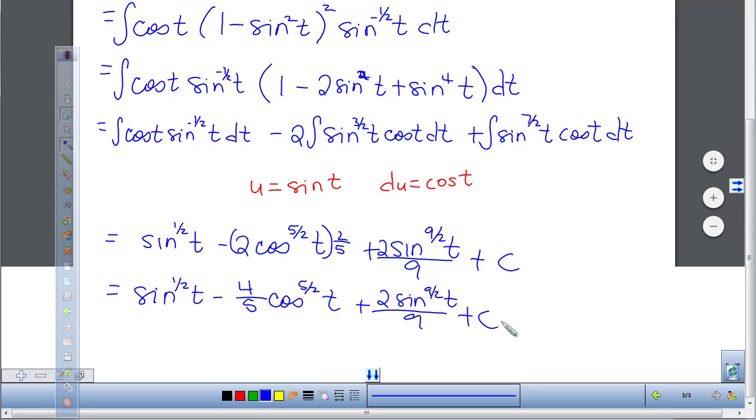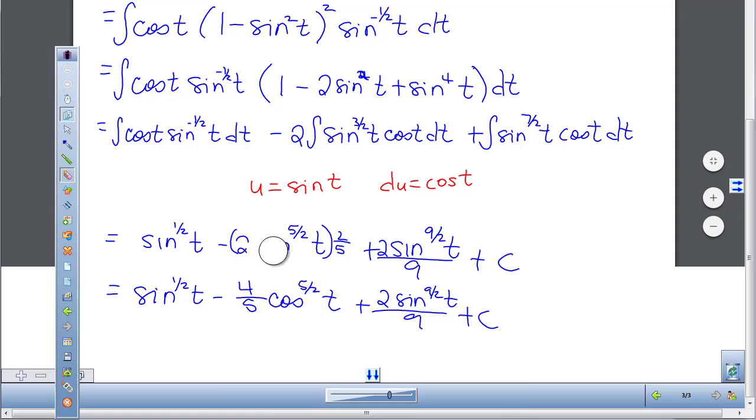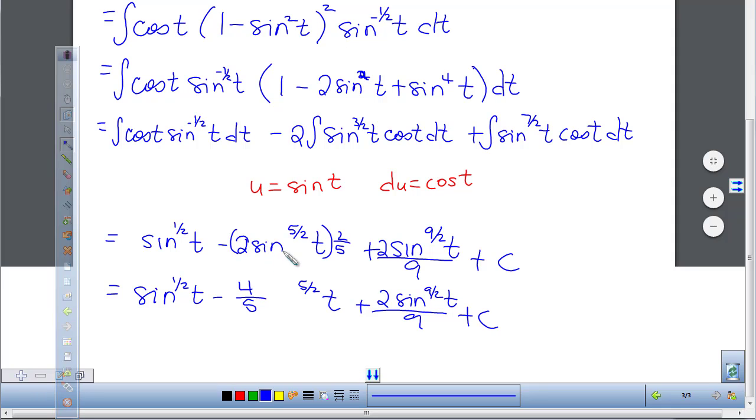Okay, questions about that? Right here, this should definitely be sine. Hold on, let me change that. I think the opera next door is distracting me. Okay, this is sine to the 5/2.